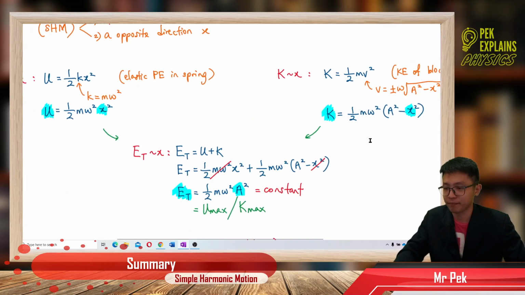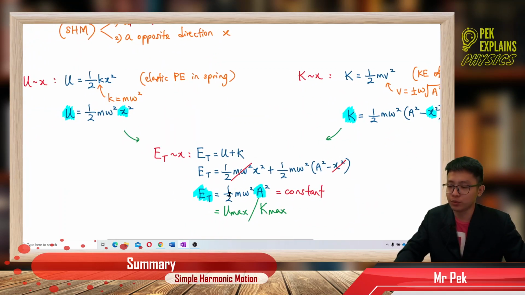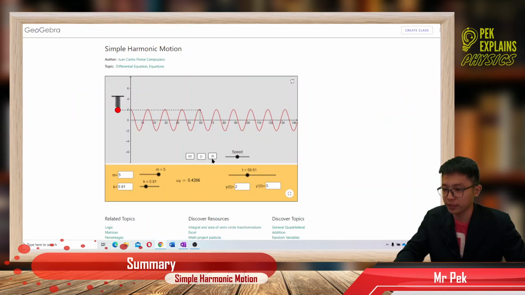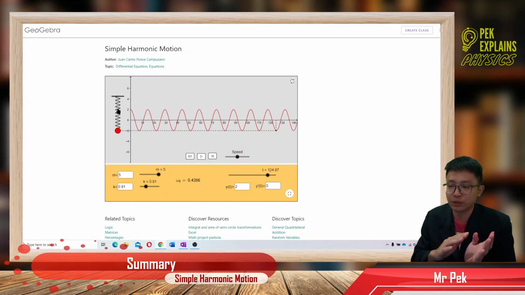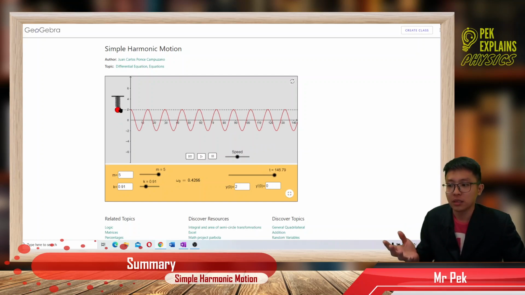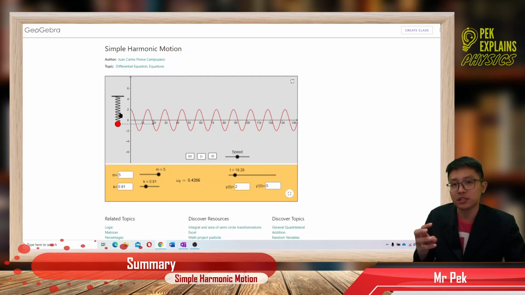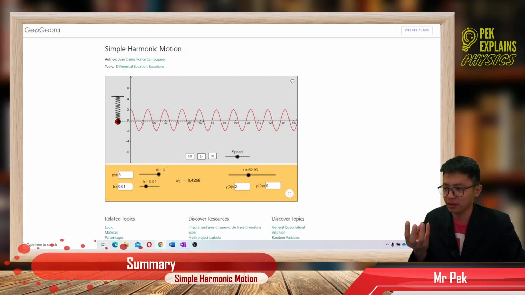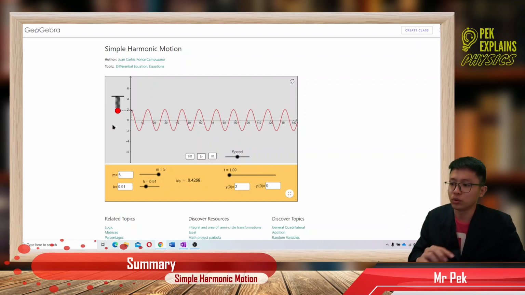If we look carefully at this spring mass system, the energy is always interchanged between elastic potential energy and kinetic energy. Sometimes the energy is stored in the spring as elastic potential energy, and sometimes the elastic potential energy converts to the kinetic energy of the mass.